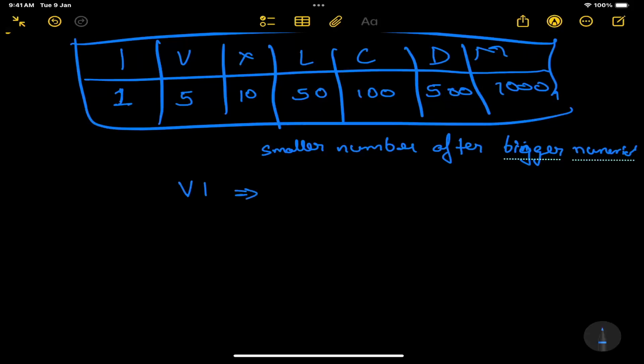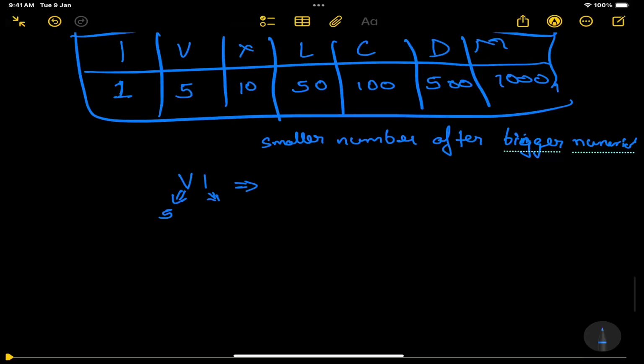Here the bigger numeral is 5, this is 1, right? So the smaller number is after this. So what will you do? 5 plus 1, which gives 6, right?